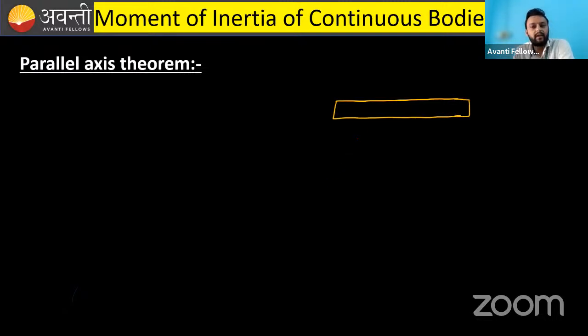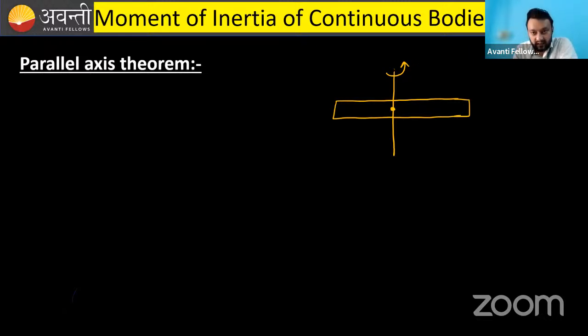This is a rod, and we have seen the moment of inertia of this rod about the axis passing through the center. We know the moment of inertia of the rod about this axis. Can you see that this axis is passing through the center of mass of the rod? Listen to each word very carefully.